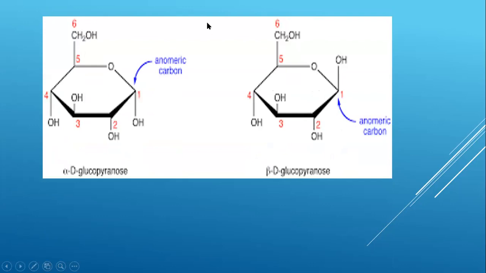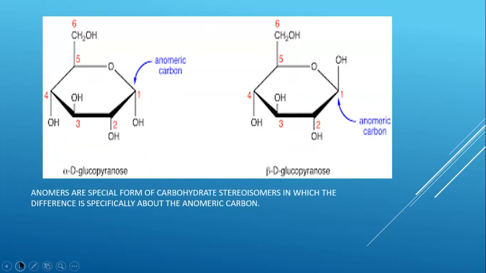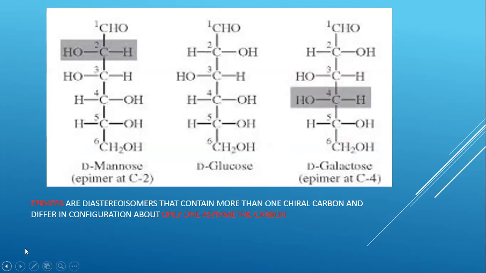Now, the last type of isomerism we'll talk about for this class is known as anomerism. And anomerism only occurs in cyclic compounds. This is glucose. At times, the atoms in glucose decide to collaborate. You see this carbon 1 decides to collaborate with carbon 5 to form a cyclic compound.